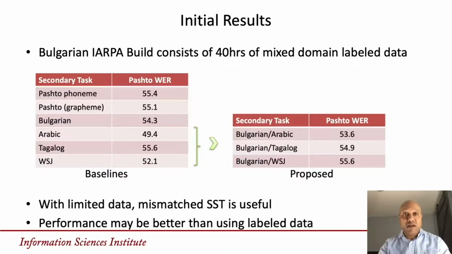For Bulgarian on a Wall Street Journal based labeling, we do see a degradation. This is interesting. With limited data, mismatched semi-supervised training can be useful. And in some cases, especially for Arabic and Tagalog, with Bulgarian audio, it seems that performance may be better than using the label data itself.